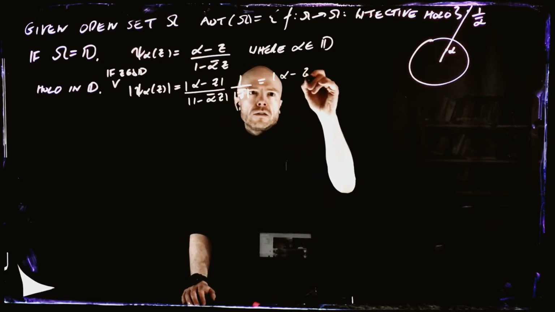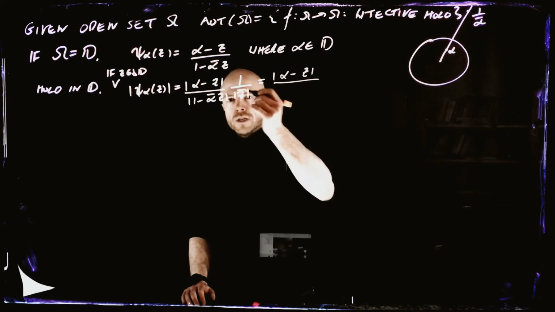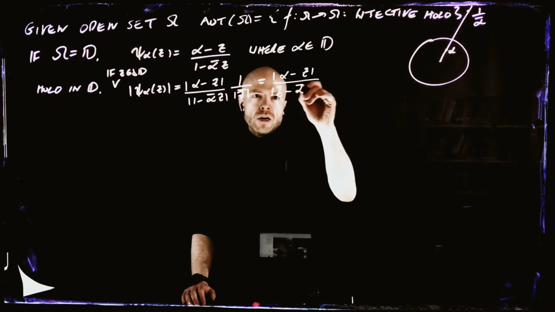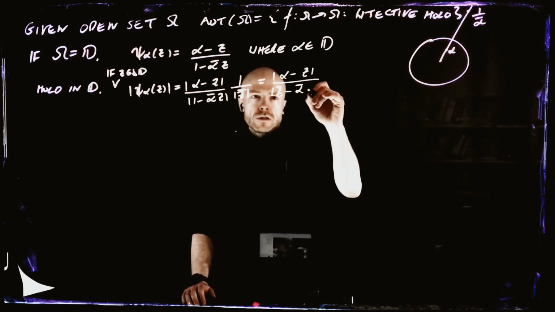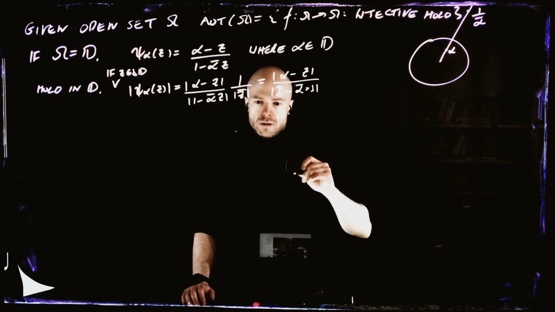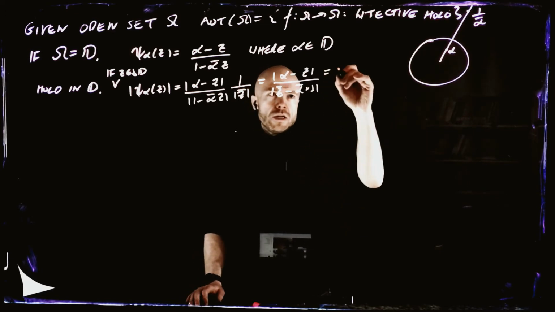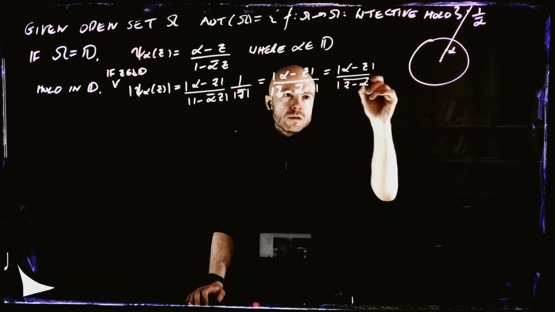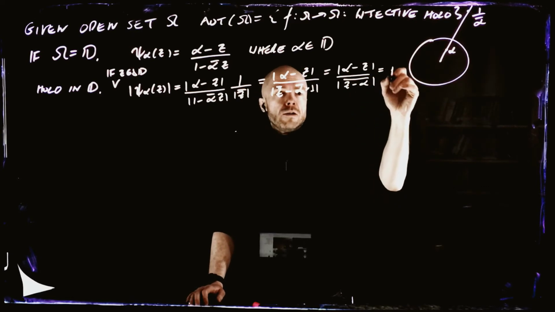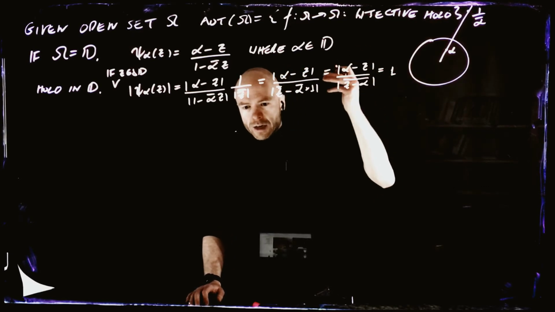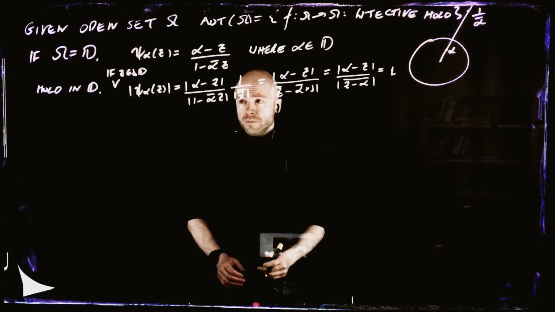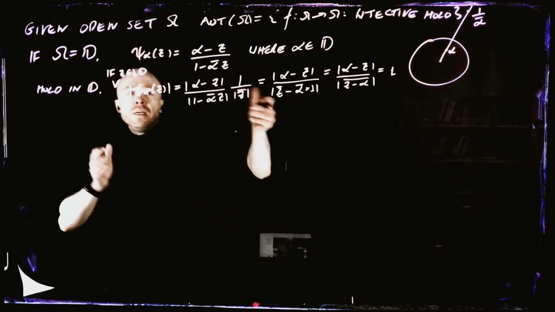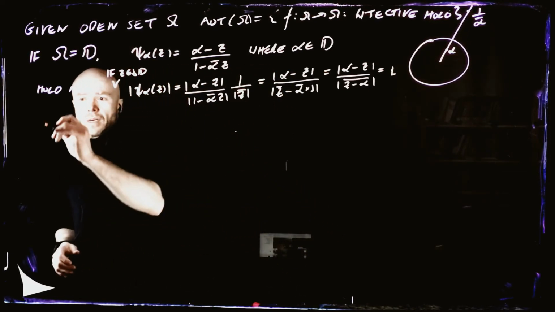This is just alpha minus z over, let's just multiply this through, z bar minus alpha bar, and then z times z bar has just got length 1. And then this is alpha minus z over z minus alpha bar. And then this is just 1, right? Because the top is just the conjugate of the bottom. So clearly the modulus is 1. So we are mapping the boundary into the boundary, right?